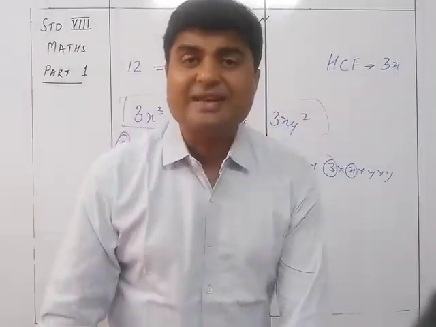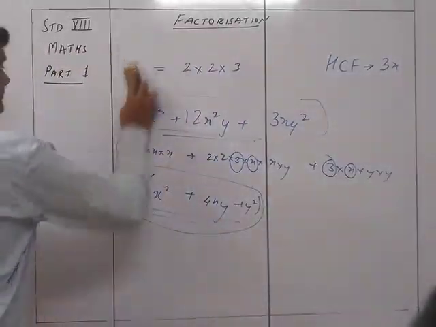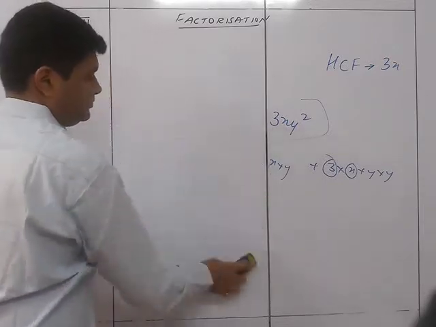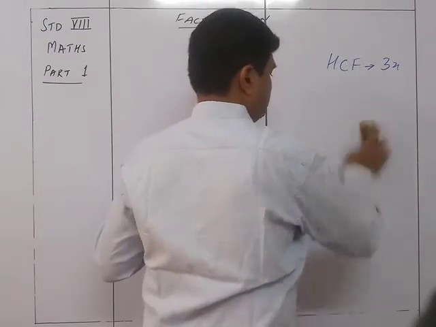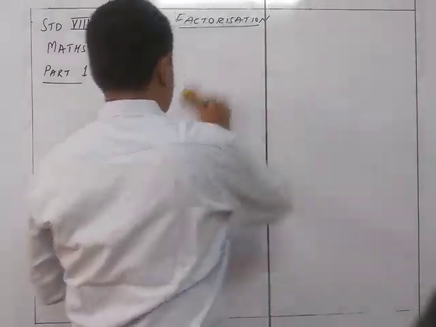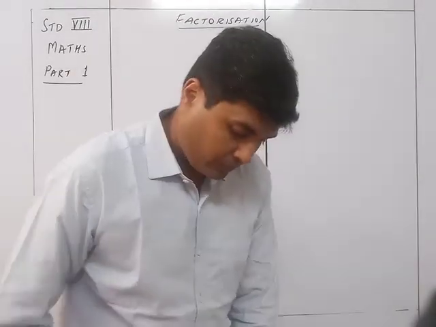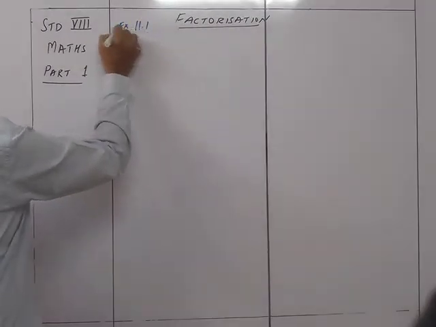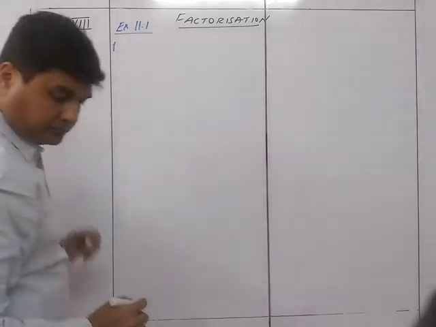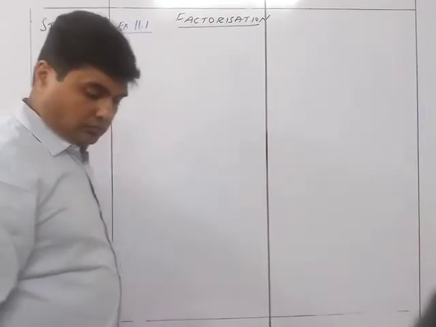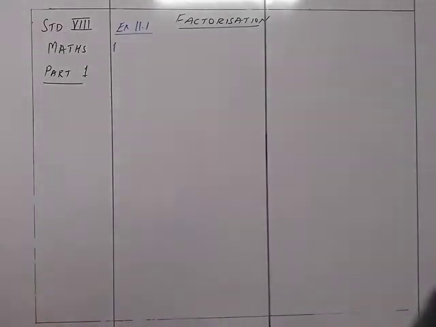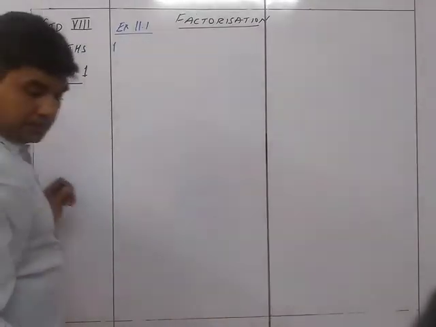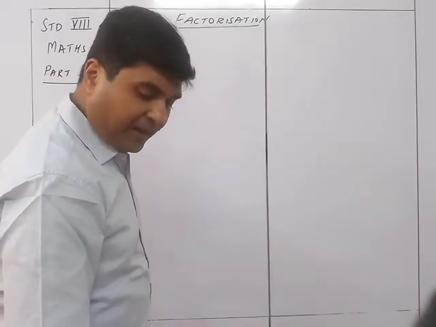So let's start with exercise 11.1 directly. I'll do the alternate sums over here.